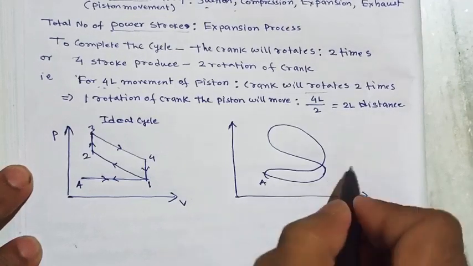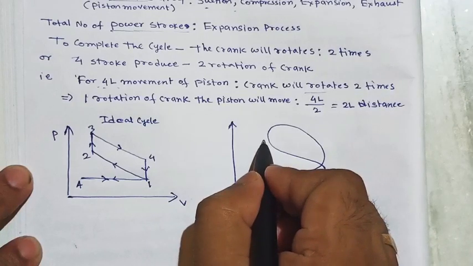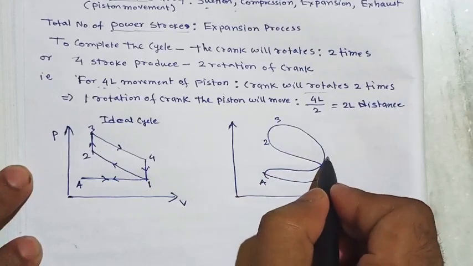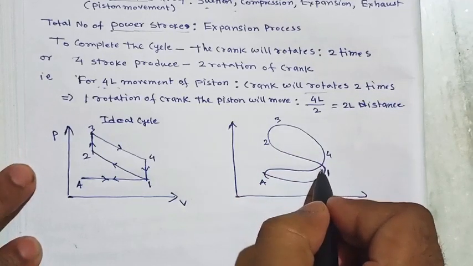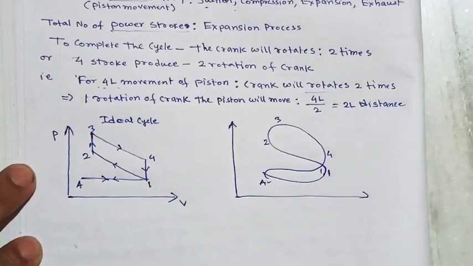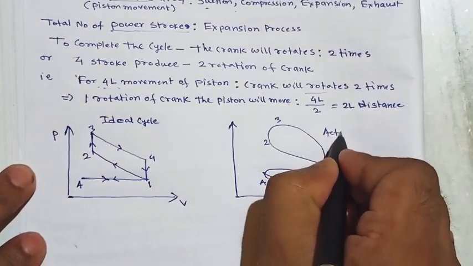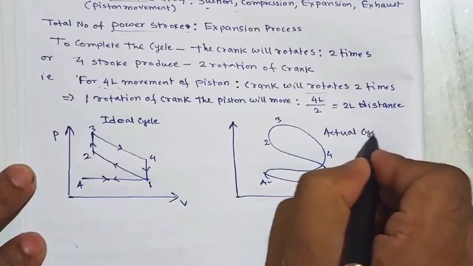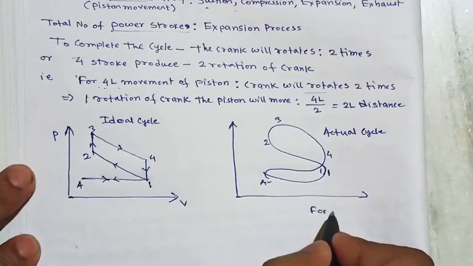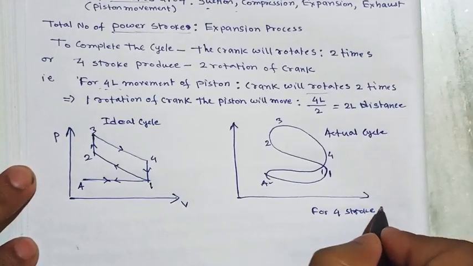So this is A to 1, and after that 1 to 2, 2 to 3, 3 to 4, 4 to 1, and then further to this A point. Okay, this is the actual cycle for a 4-stroke engine.